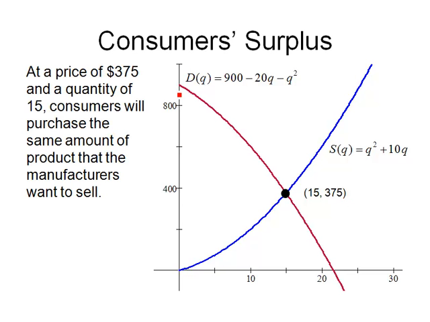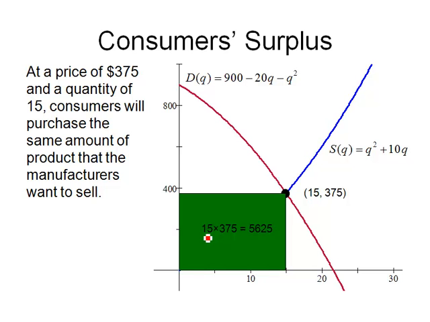What that means is at a price of $375 and a quantity of 15, consumers will purchase the same amount of product that the manufacturers want to sell. So if I look at this and say at a quantity of 15 and $375, that means 15 times 375, I'll receive $5,625 for the sale of those items.